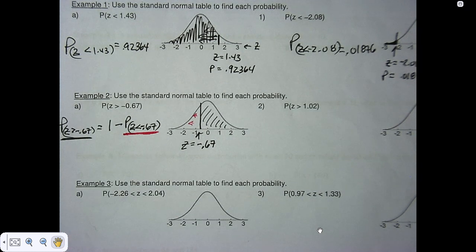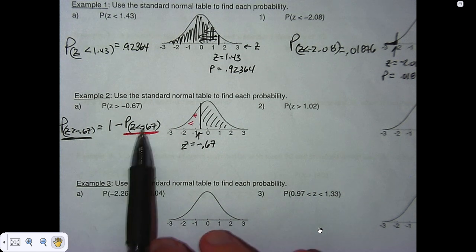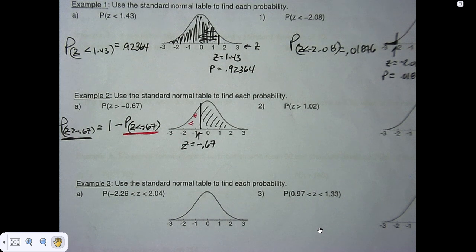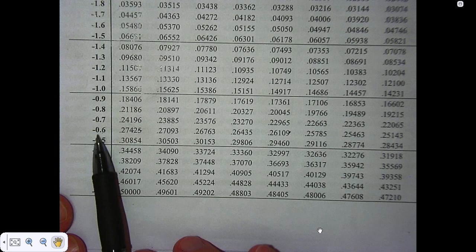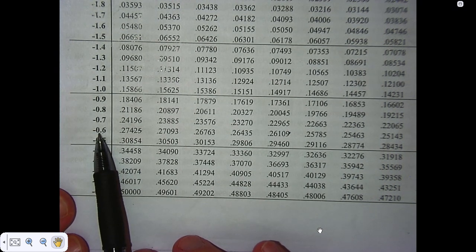So let's go on our table. Let's find a negative z-score, negative 0.67, and let's figure that out. So down here at the bottom, negative 0.6.